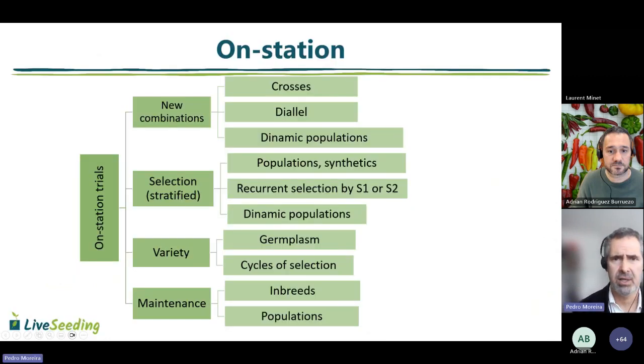And what about the on station? What are we doing on the station? Well, generally, for new combinations, as Professor Adrian already mentioned about crosses, in some cases we want to do some diallels. This means that if we have, for instance, 10 populations, we want to know if we can make some hybrid population, because it's possible.